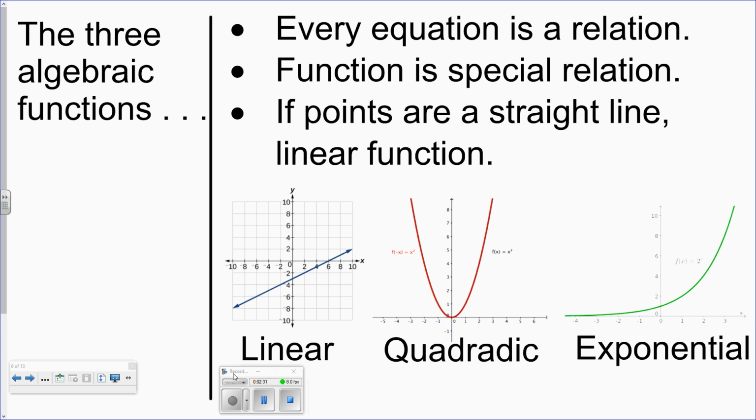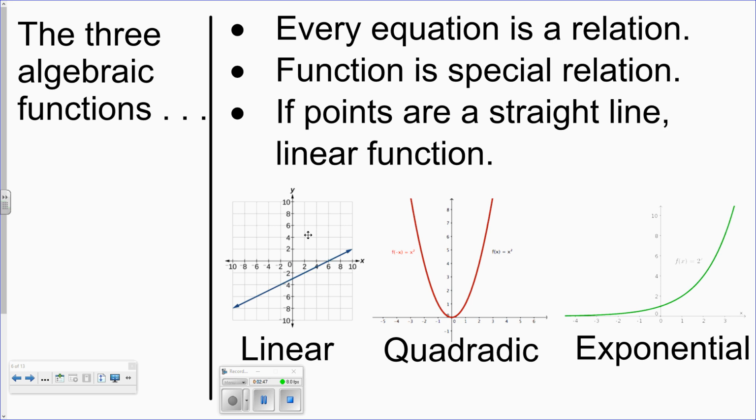There are 3 basic algebraic functions that we're going to be focusing on: linear, quadratic, and exponential. Each of these is a special type of function, but nevertheless they are all functions.